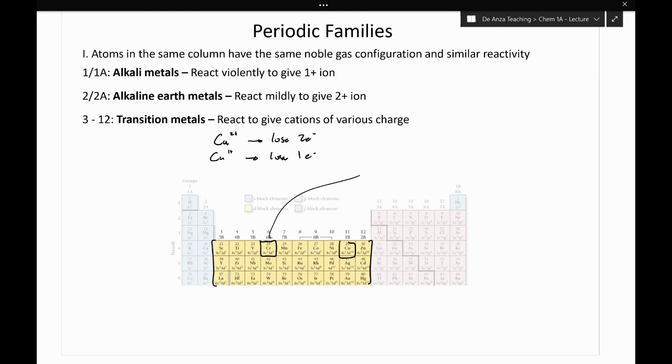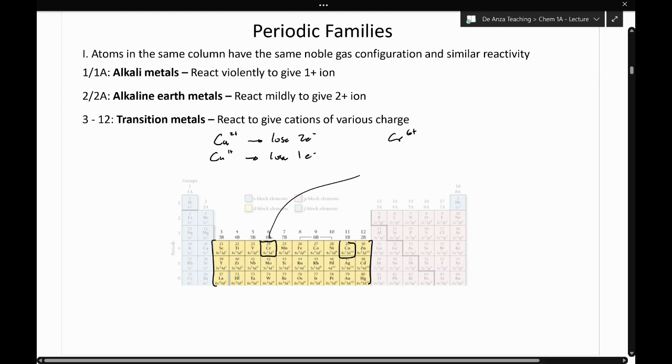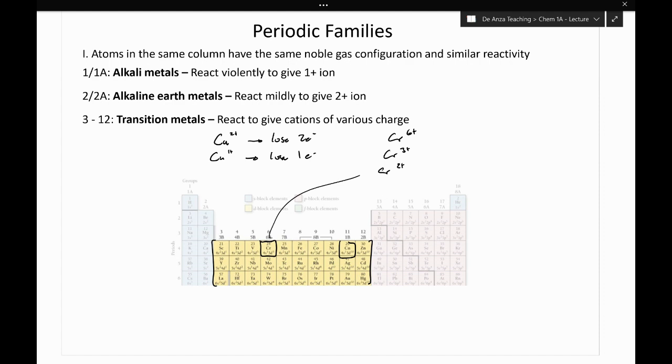And then something like chromium can actually form even more different types of ions. Chromium can be 6+, it can be 3+, and it can be 2+. And so we can see there's these various charges. And so we separate them from these other metals because of how different they can be.